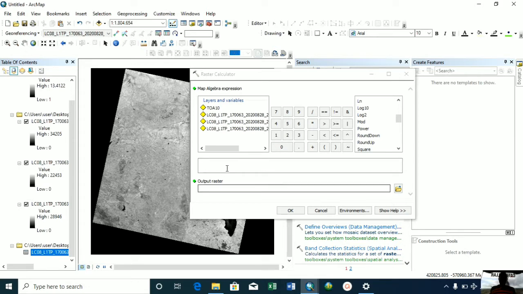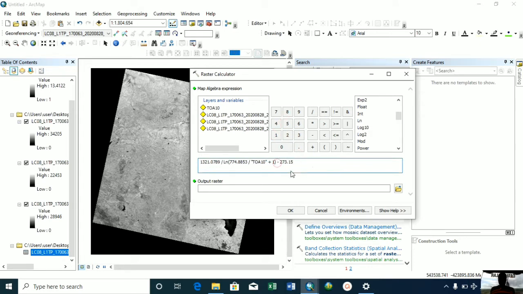So brightness temperature will be equal to K2, which is 1321.0789, divided by ln of K1, which is 774.8853, divided by the spectral radiance, this one, and then plus 1, then minus 273.15.